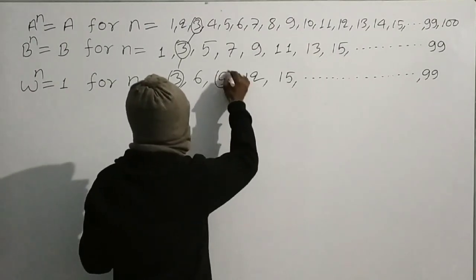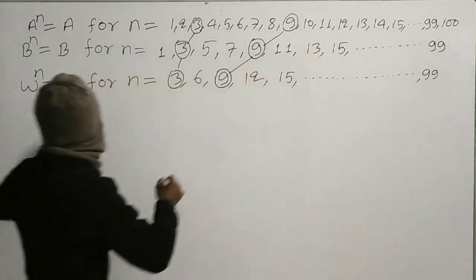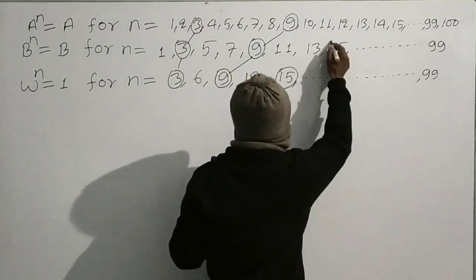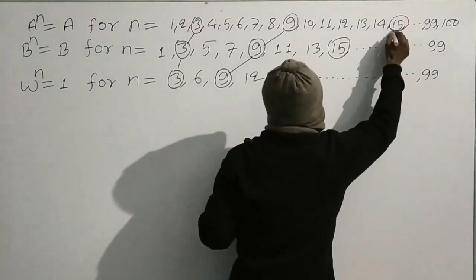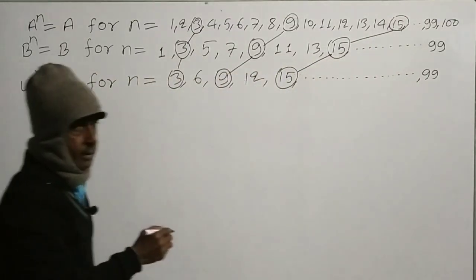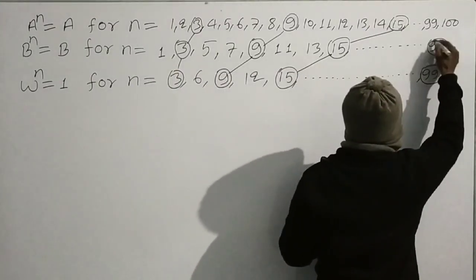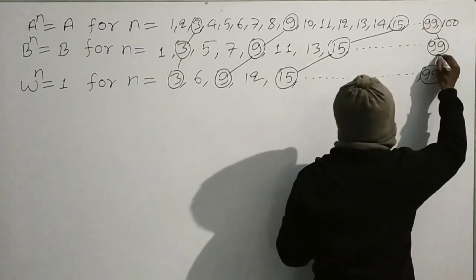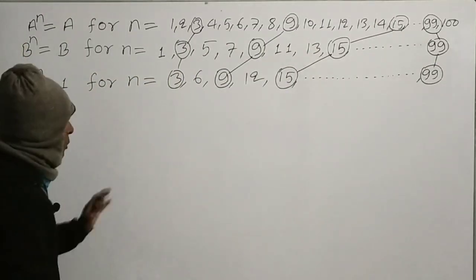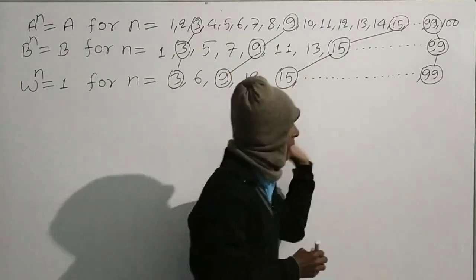Similarly, number 9 satisfies all these 3 equations. Again, number 15 satisfies all these 3 equations. And at the end, this number 99 satisfies all the 3 equations. We write 3, 9, 15, and so on up to 99 here.